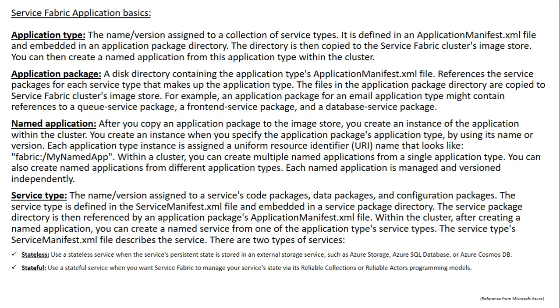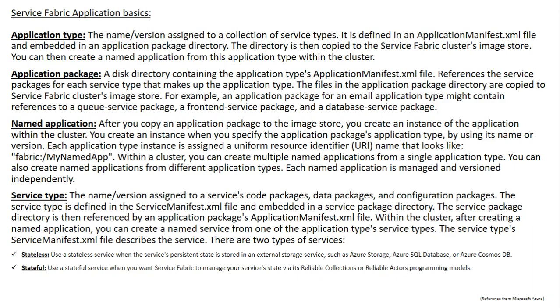Within a cluster you can create multiple named applications from a single application type. You can also create named applications from different application types. Each named application is managed and versioned independently. Okay, this is the application type concept. In Service Fabric you can host one application on your cluster.